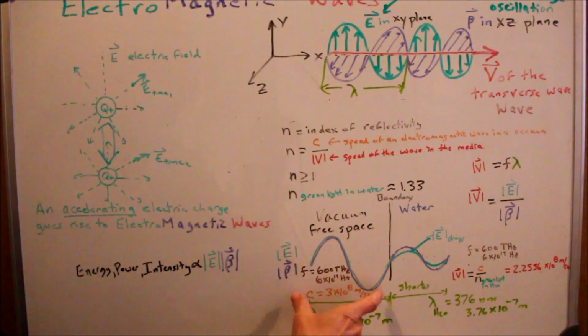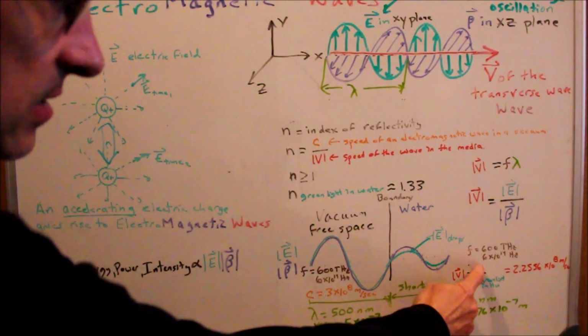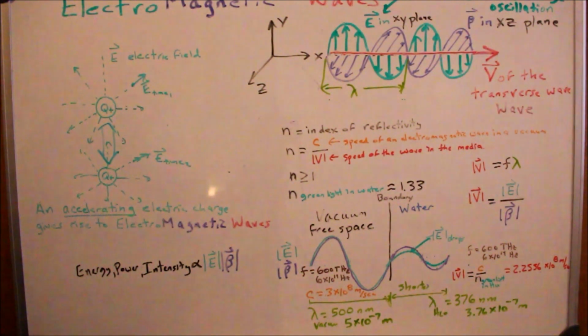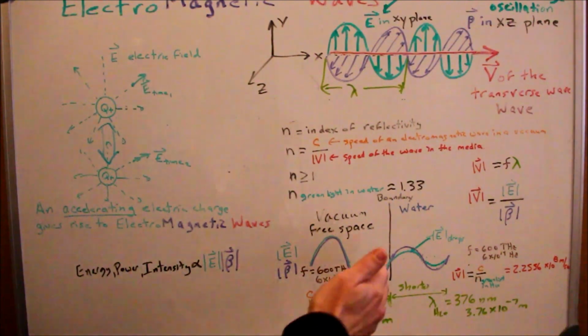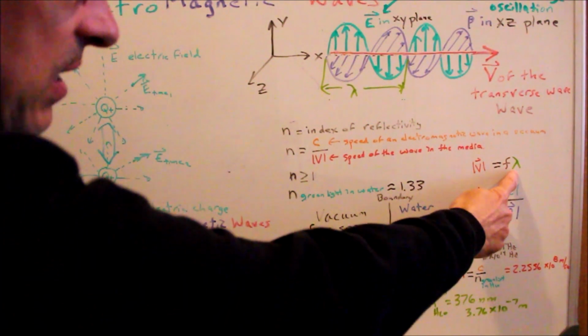So I'm going from a higher speed, approximately 3 times 10 to the 8th meters per second in a vacuum, to a slower speed. Take c divided by 1.33, which puts me now at 2.2556 times 10 to the 8th meters per second. So my velocity dropped. And I know my frequency remained the same, so since my velocity dropped, my wavelength has to drop.